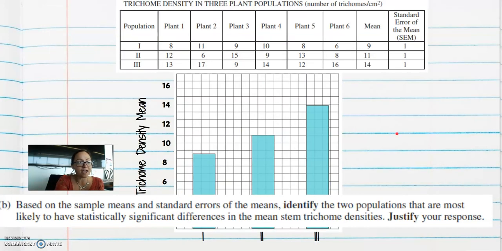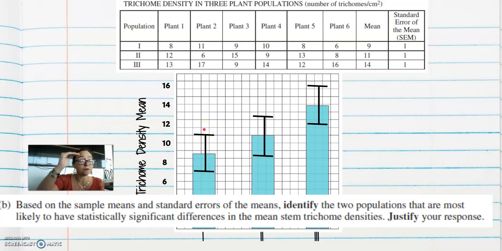When you look at how you would graph this, for population 1 our mean was 9. So when we graph it, here's 9. It says plus or minus 2 standard errors of the mean. If my standard error of the mean is 1, I'm going to start at 9 and go up from 9 to 10 to 11.